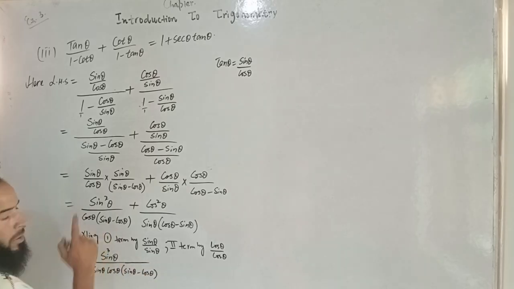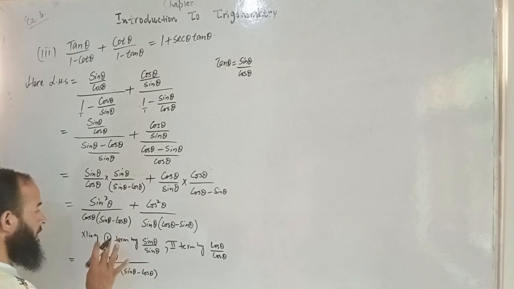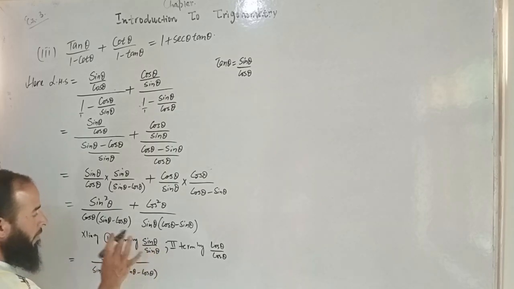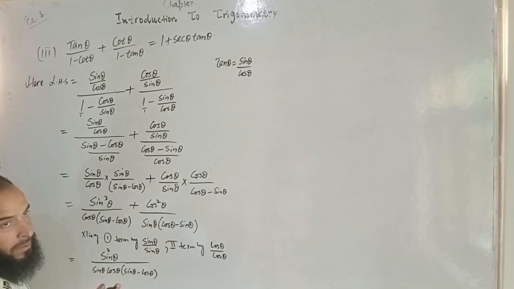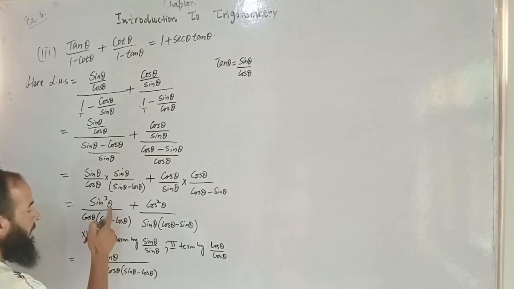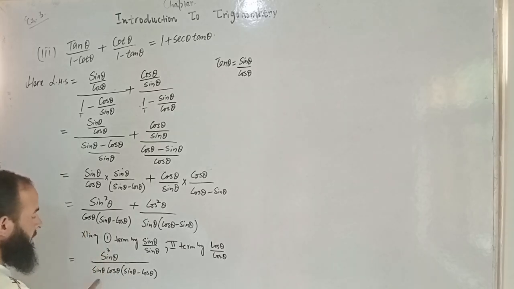Okay, this will be our first term. Got it? What we have done, we have multiplied the first term by sine theta upon sine theta. So by multiplying sine theta, this will be sine cube theta, and the denominator will be sine theta into this term, that is cos theta into sine theta minus cos theta.